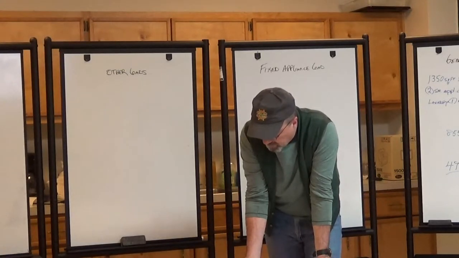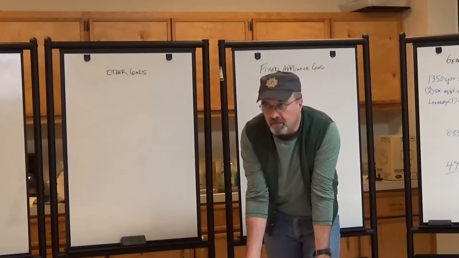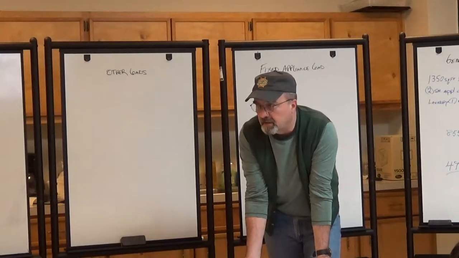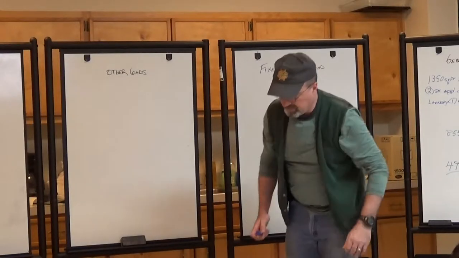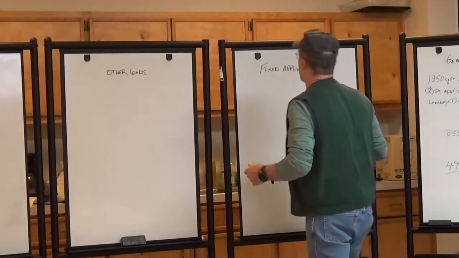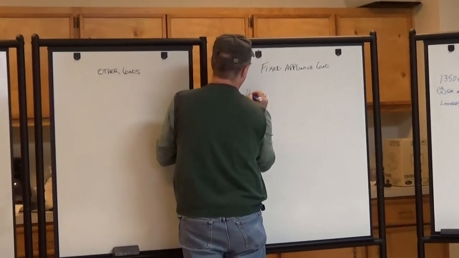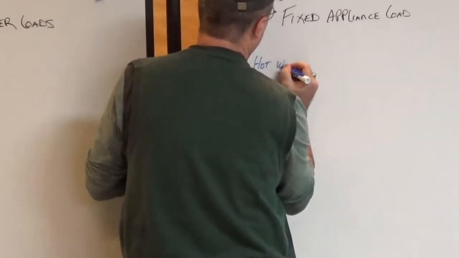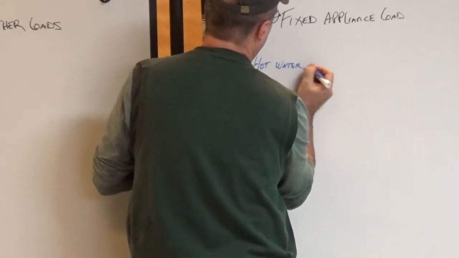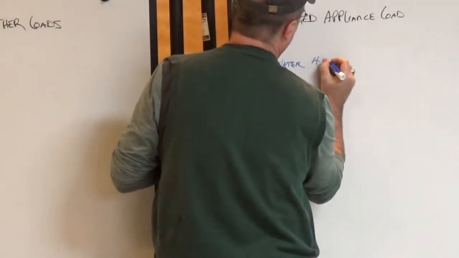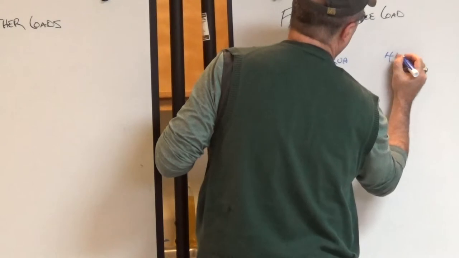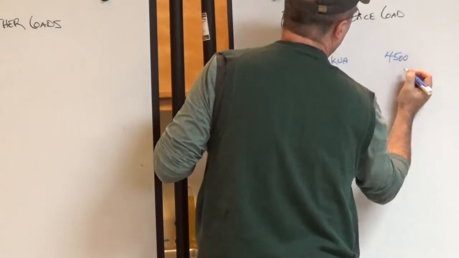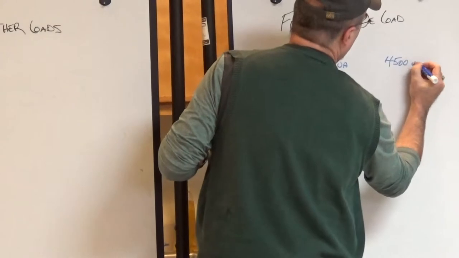Okay, so the hot water tank, what is the kW or the kVA for the hot water tank? 4.5. 4.5, 240 volts. Okay. So hot water, 4.5 kVA. Okay.